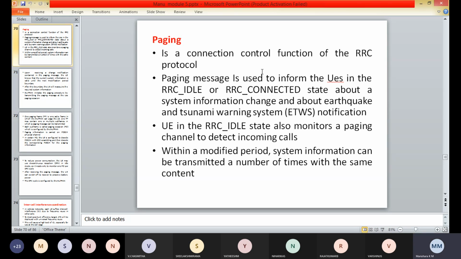Upon receiving a change notification contained in the paging message, the user equipment knows that the current system information is valid until the next modification period boundary. EUTRAN indicates the paging procedure by transmitting the paging message at the user equipment's paging occasion.